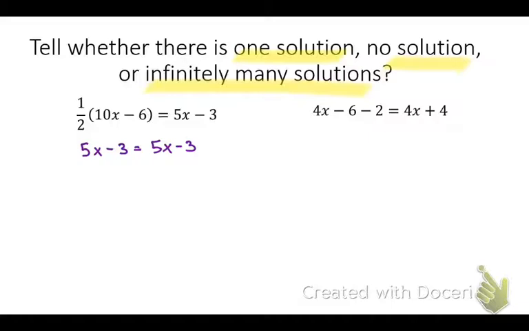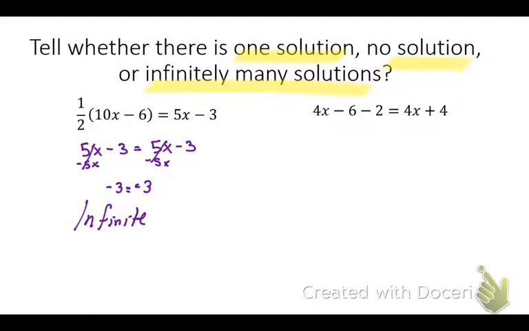So when you try to cancel the 5x, when you try to subtract it to the other side, what's going to happen? They both cancel. So what do you have left? Equals -3. Wait, it's the same on both sides, so that's infinitely many solutions. That's infinite. All right, any questions on that?